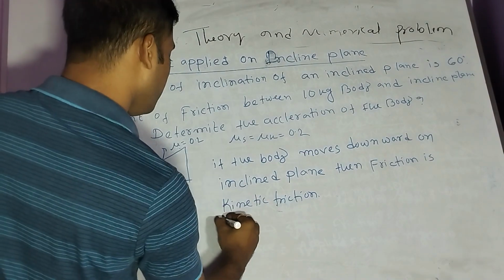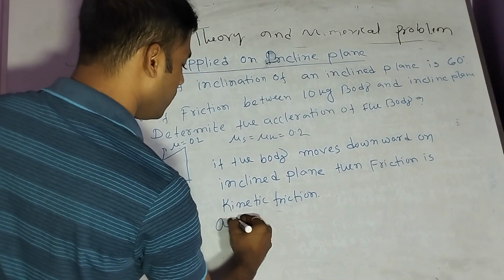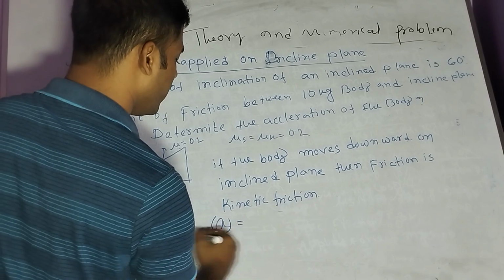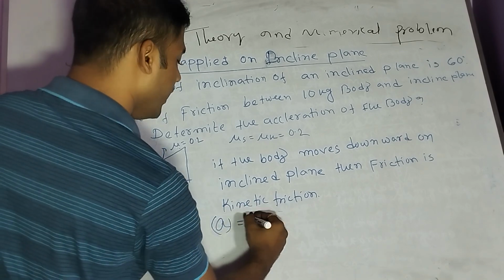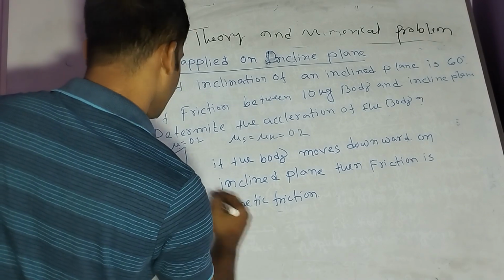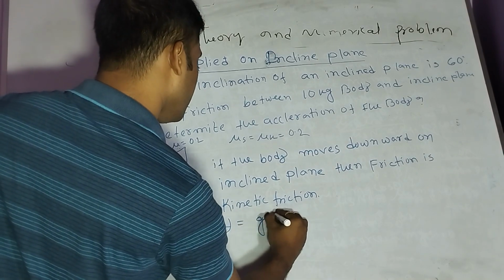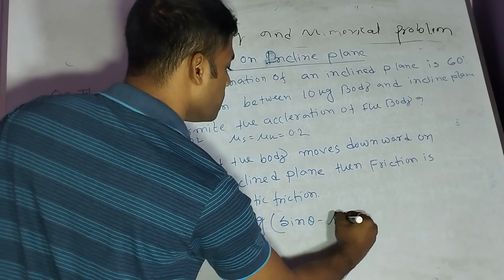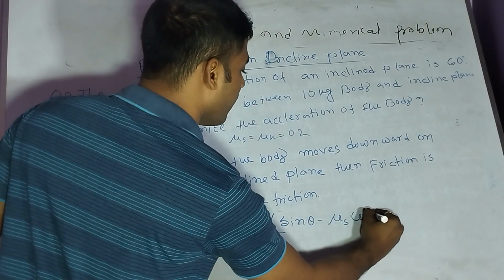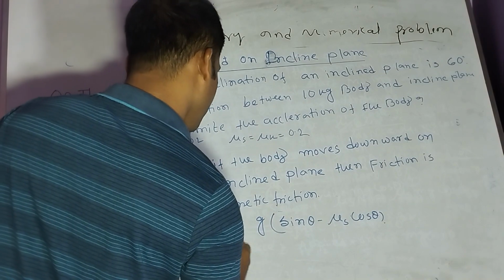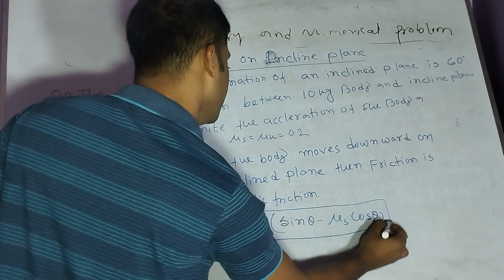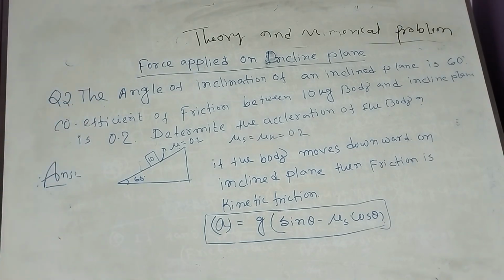The acceleration in kinetic friction: a is equal to g sin theta minus mu s cos theta. This is the direct formula. When friction is kinetic friction, the acceleration of the body is g sin theta minus mu s cos theta.